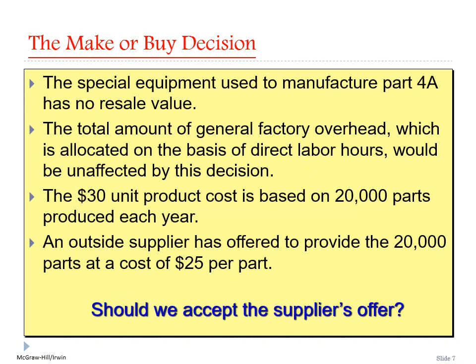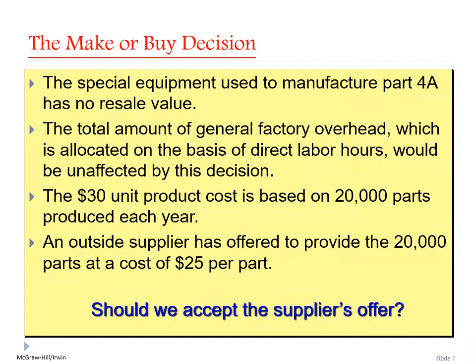The special equipment used to manufacture part 4A has no resale value. The total amount of general factory overhead, which is allocated on the basis of direct labor hours, would be unaffected by this decision. The $30 unit product cost is based on 20,000 parts produced each year.